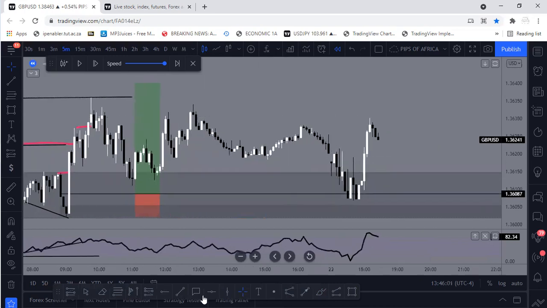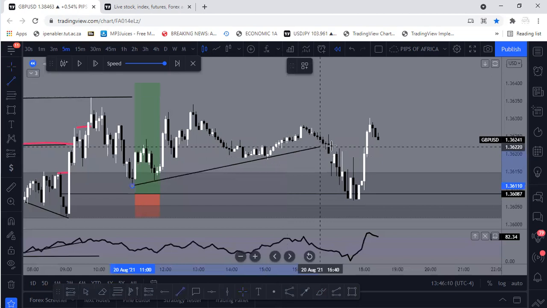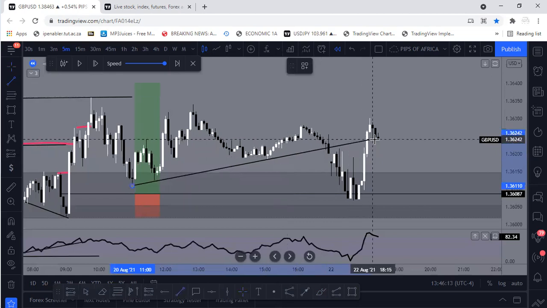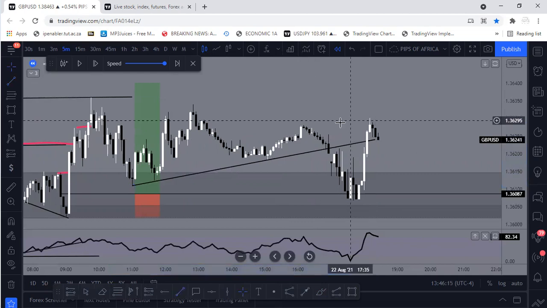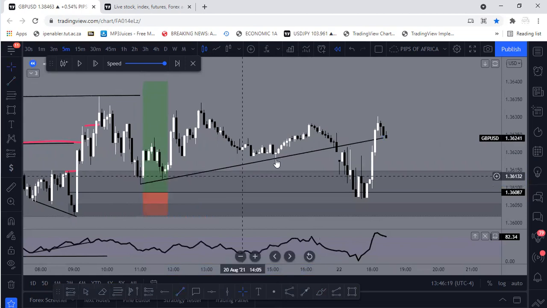So this one was just attracting retail traders. You see, 1, 2 touches, the third touch, the retail traders bought here. They pushed the market to the upside, then the market went back down.